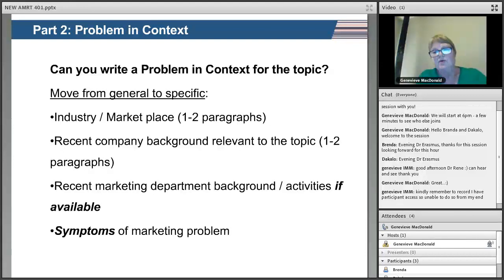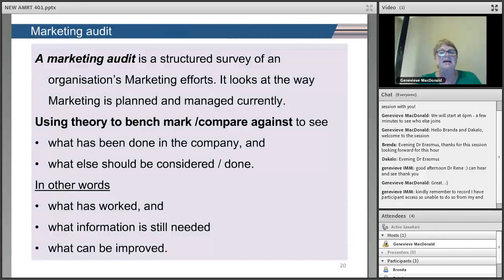Or you see your sales going down, or your market share going down, or the number of customer complaints increasing. They are all symptoms that something is not working as well as it should.